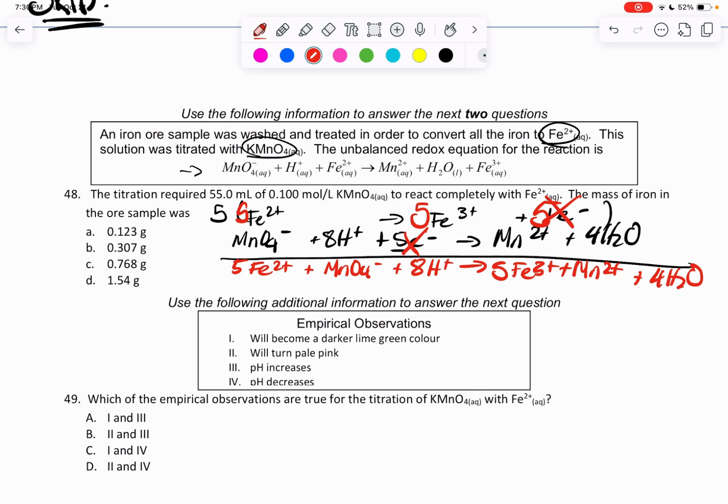And so if I were to use my stoichiometry again, I'll do it in a different color so that you can see. 55.0 milliliters times 1 liter over 1,000 milliliters, those cancel, times 1 mole over, is it one? Sorry.